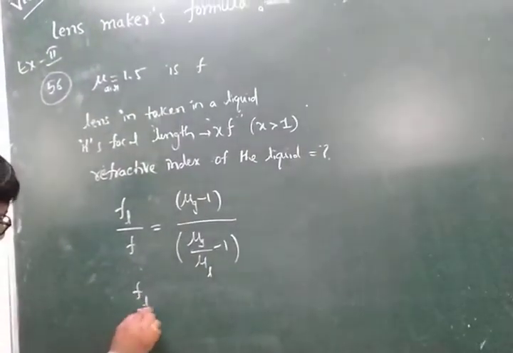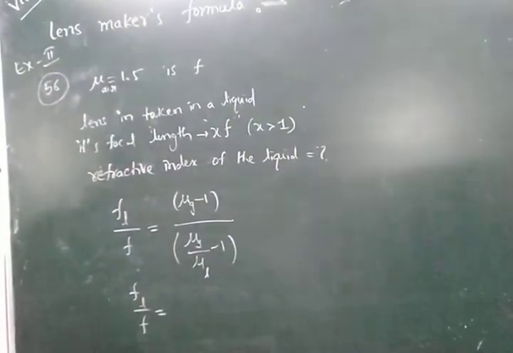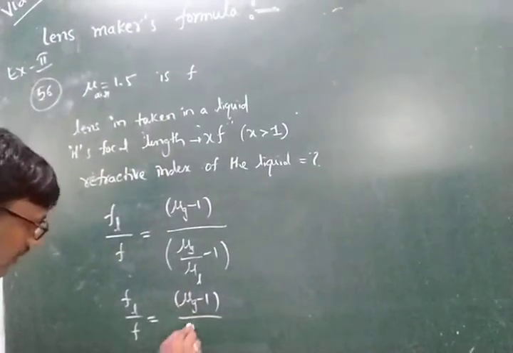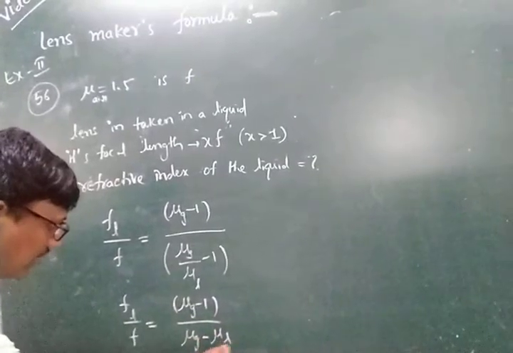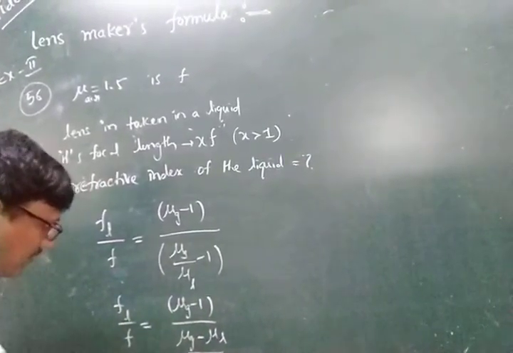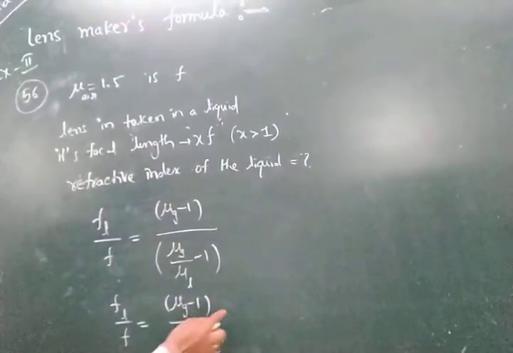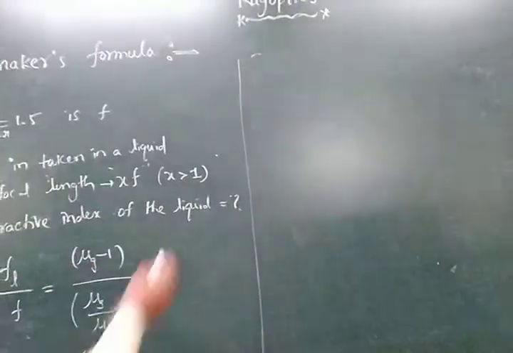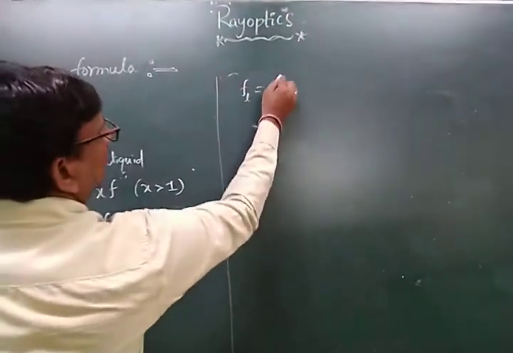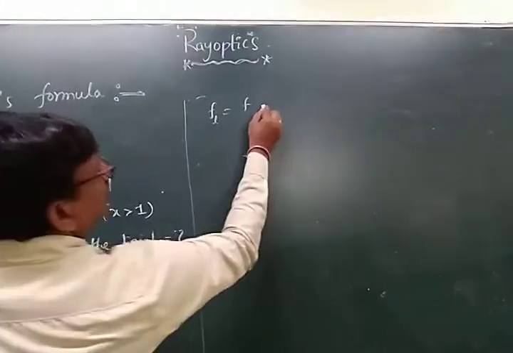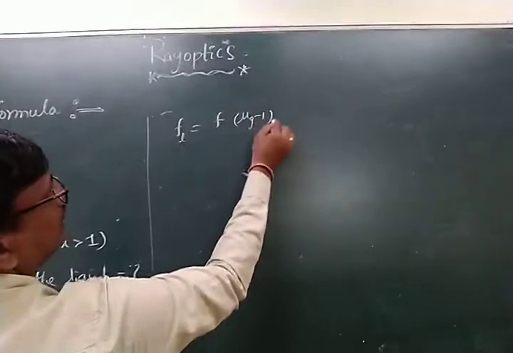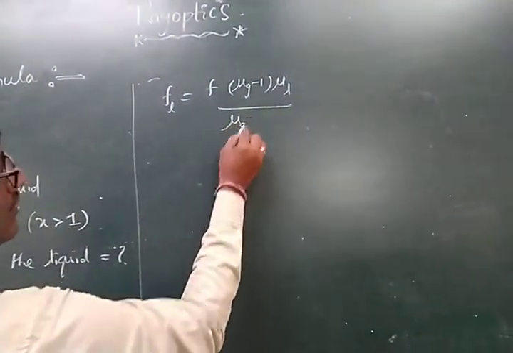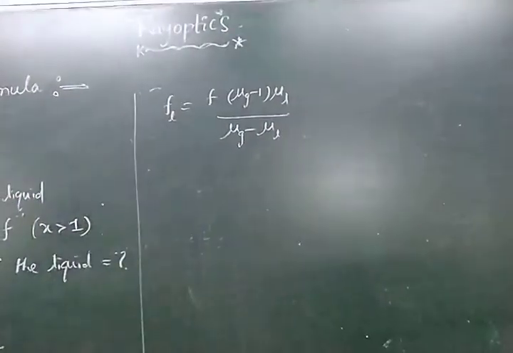F L by F is equal to nu g minus 1 by nu g minus nu l by nu l. Take the denominator's denominator to the numerator, and cross multiply. See that F L is equal to f into nu g minus 1 into nu l by nu g, the refractive index of glass, minus the refractive index of liquid.